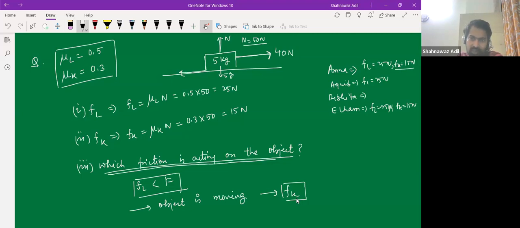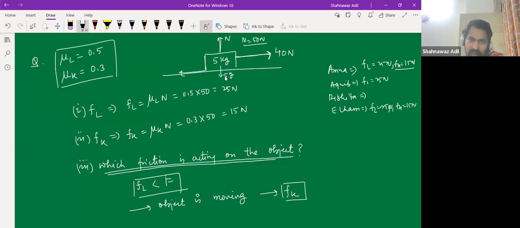Then we have Newton's second law, right? Is it 3 meter per second square?